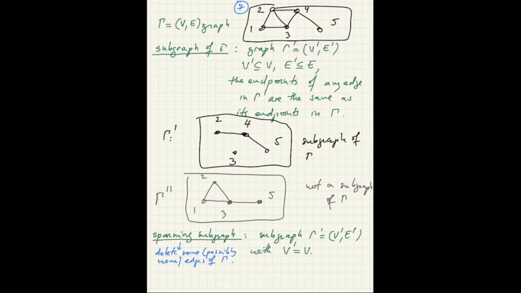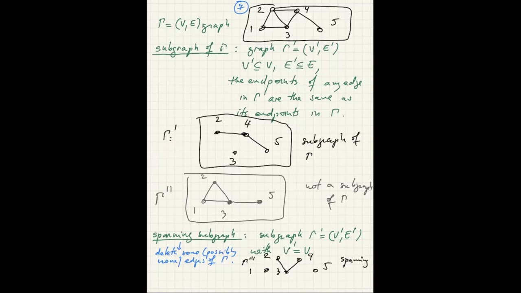So gamma prime is not spanning, gamma double prime is not spanning, but let me make a picture here. Take this graph, 1, 2, 3, 4, 5, gamma triple prime. This is a spanning subgraph because I kept all the vertices and I only have two edges, 2-3 and 3-4. So I deleted the other ones.